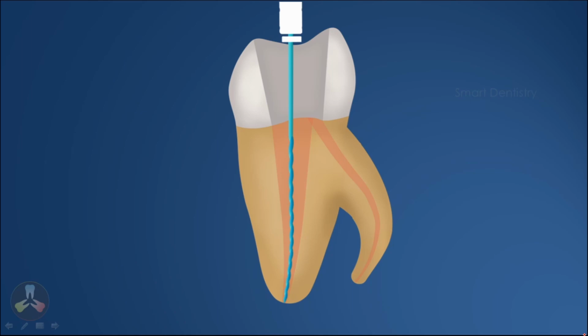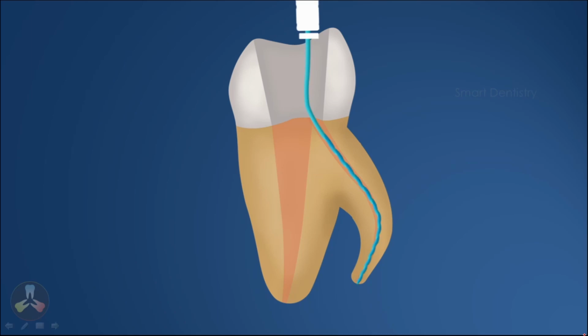At the same time, if we are trying to access the root canal of a radix root, then there will be some curvatures formed. So this will make an acute curvature with the long axis of the tooth, leading to the formation of bends or curvatures in the file.